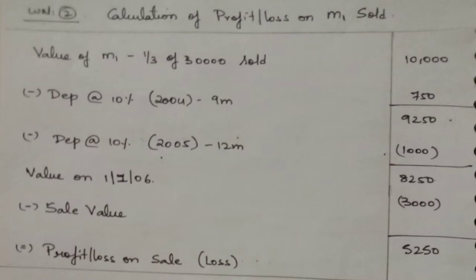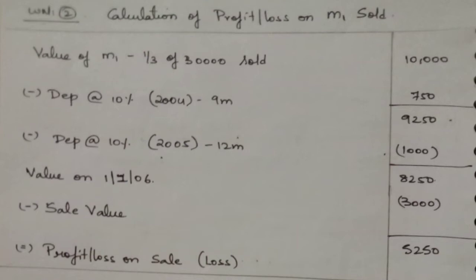So 750, and you will get 1,000 as depreciation, and the value as on 31st December 2005 or on 1st January 2006 is the same, right? There is a 1 day gap, but it will be the same amount. So 31st December closing amount is equal to the opening balance as on 1st January 2006. So the value on 1st January 2006 you will get as 8,250.